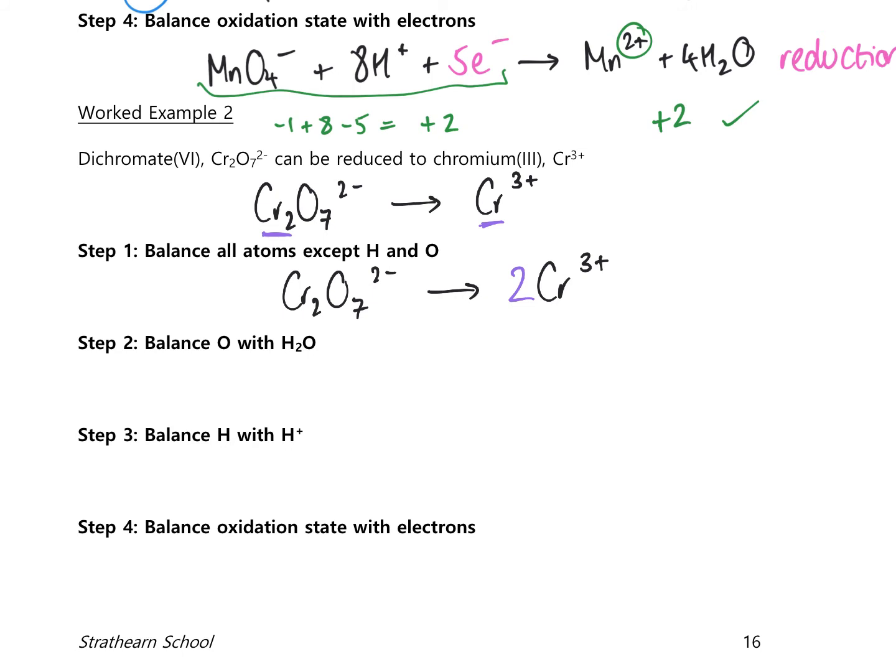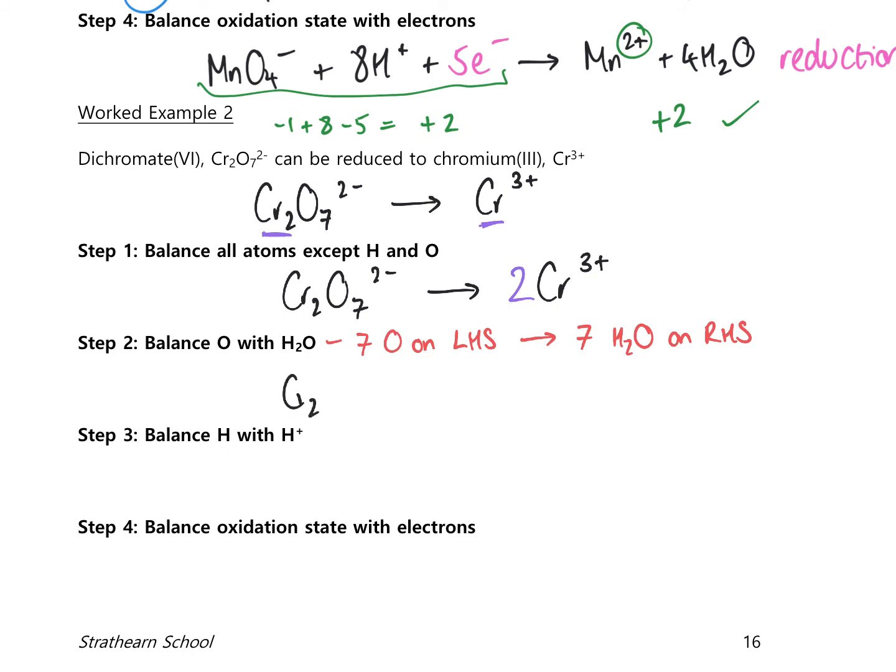So you can see in this equation, we have got 7 oxygens on the left-hand side, and so we need 7 waters on the right-hand side to balance the oxygens.